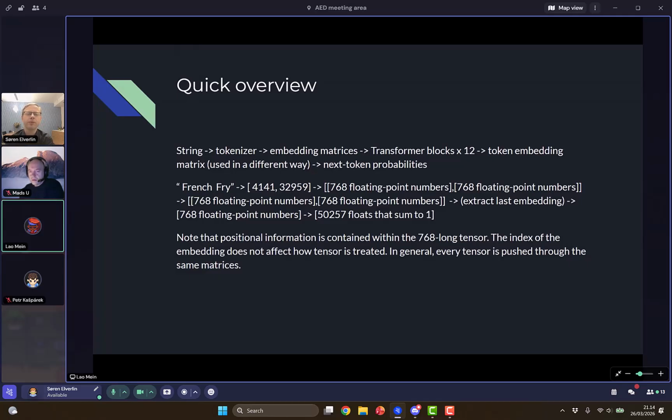You get one of those for every token you insert into the model. And then at every transformer block, you input and output the exact same dimensional matrix. That ends up being really convenient because you don't have to do very many conversions.